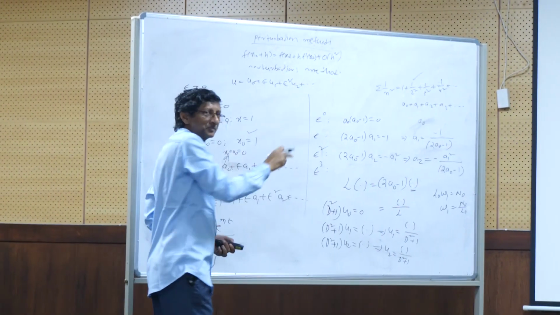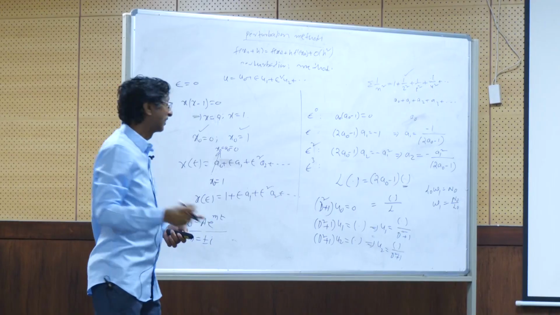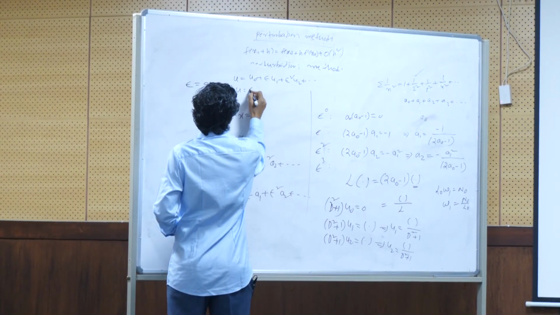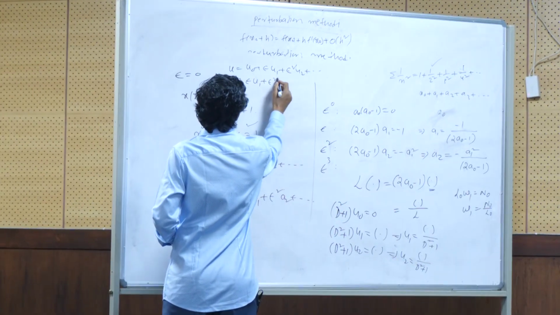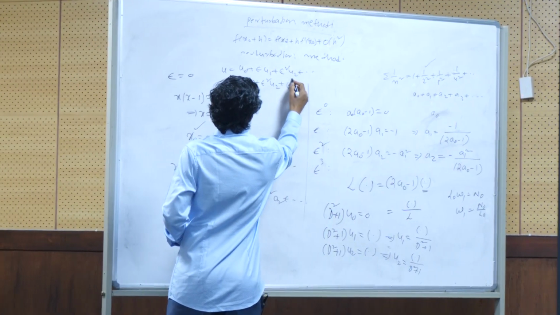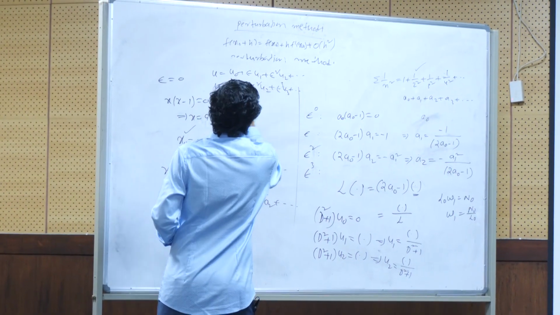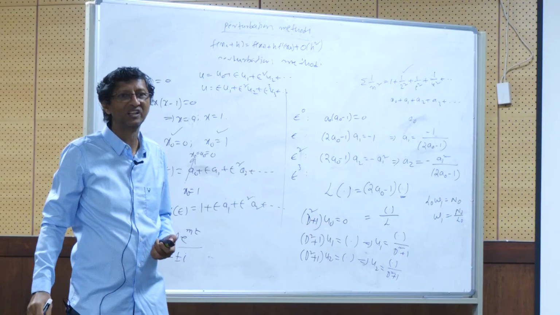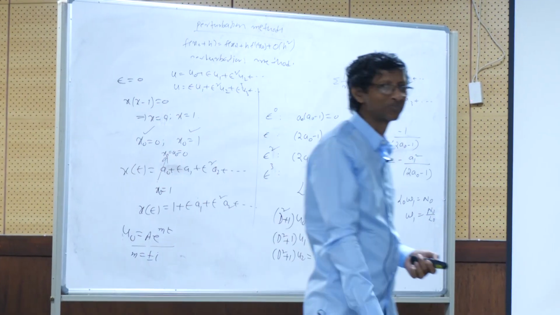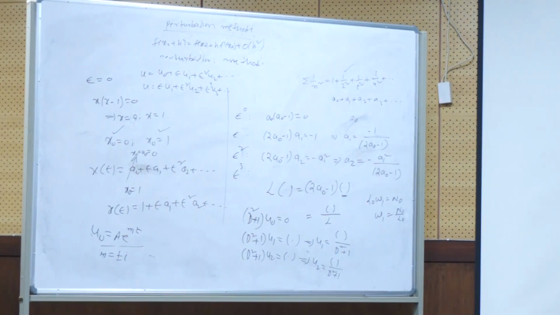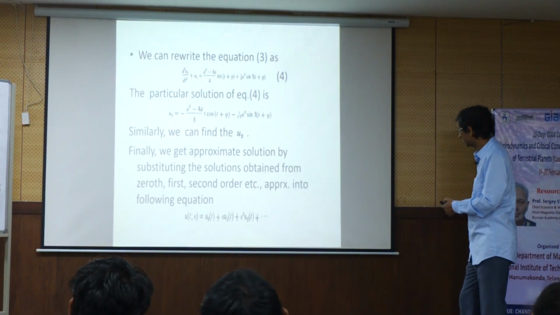Otherwise, you can also take u is equal to epsilon u1 plus epsilon square u2 plus epsilon cube u3 and so on. That also gives a solution. That is why it is called an asymptotic expansion. It means we are taking a basis at random and checking whether it works or not.